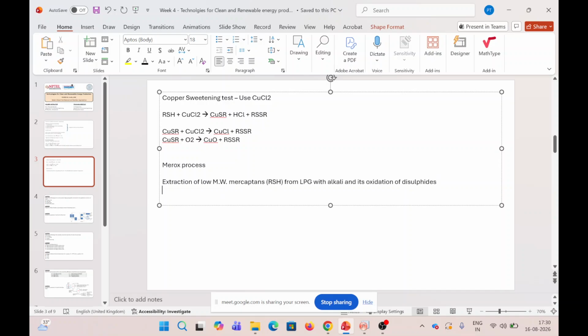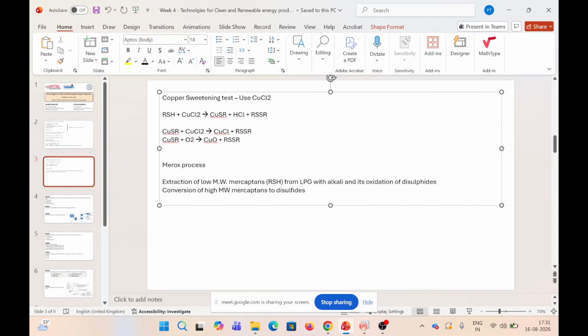It can actually do two things. One is extraction of low molecular weight mercaptans from LPG with alkali and its oxidation to disulfide. Another one is conversion of high molecular weight mercaptans to disulfides. So these two processes are possible in the Merox process for sweetening.